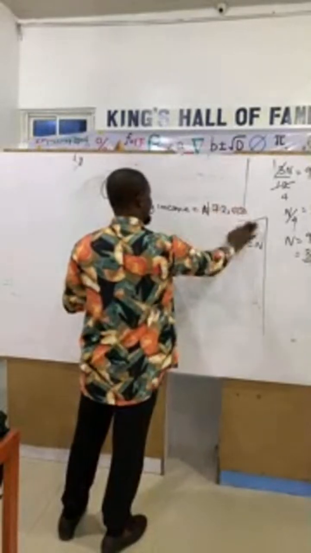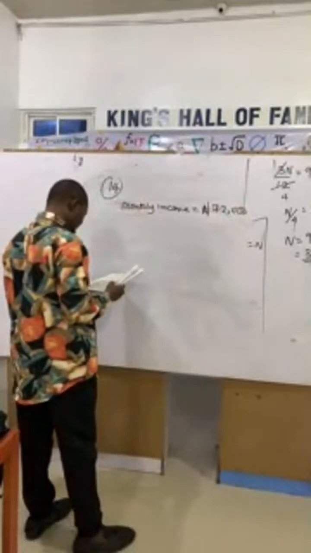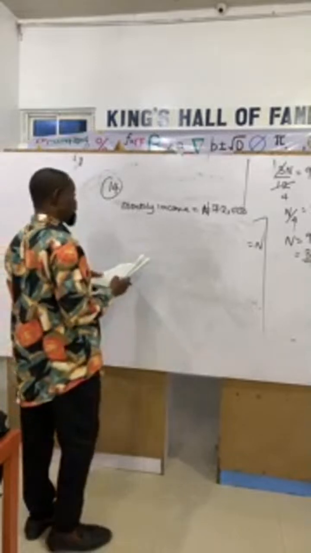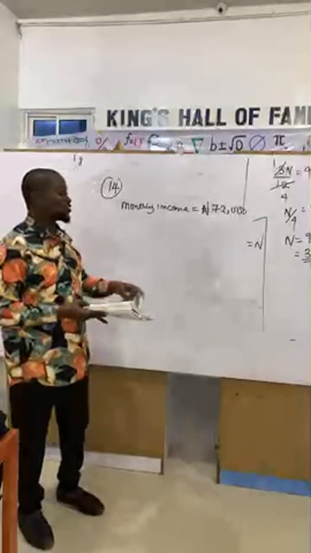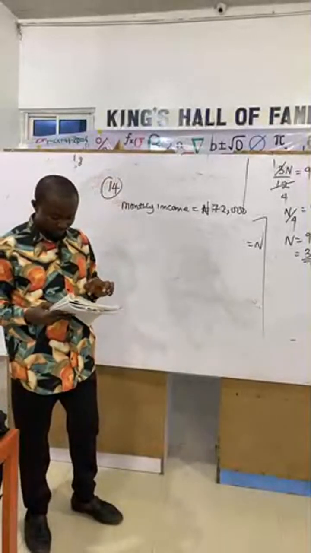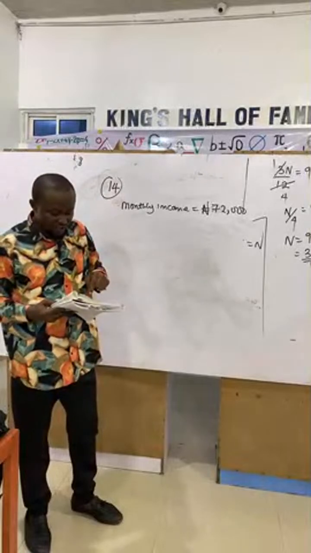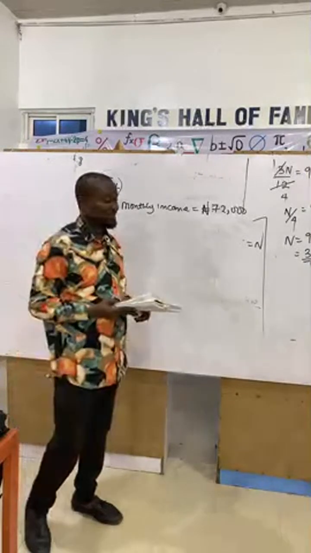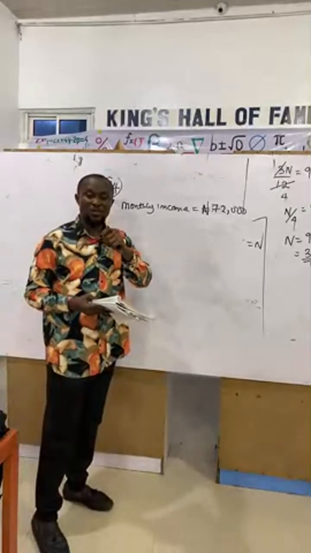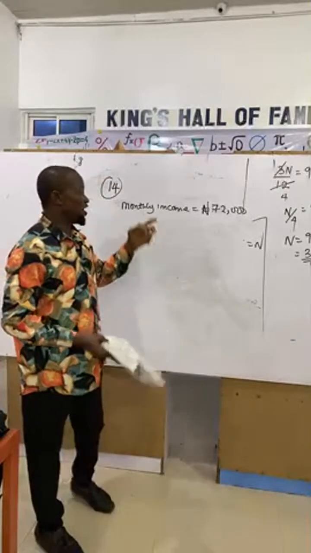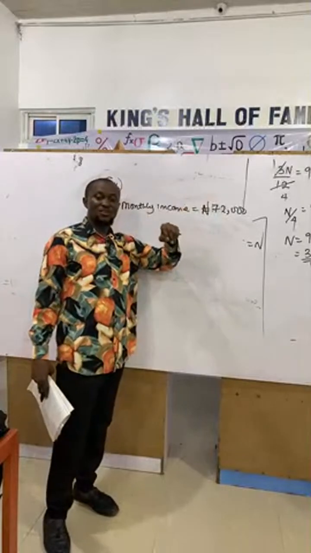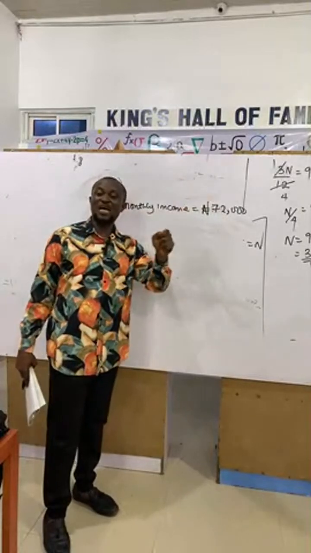Out of this money, the person who is working spent 12% on his children's education. Percentage everywhere. Remember I talked about percentage. 12% of this money is school fees: 12 over 100 times that particular money.